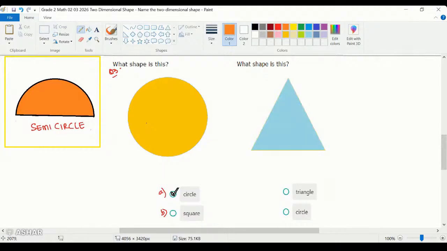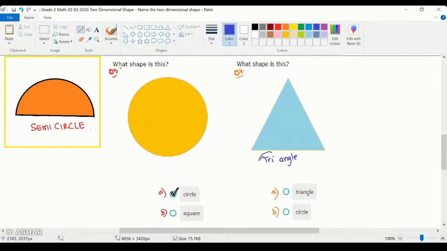Question number 4. Option A, option B. Okay. We need to remember one more thing. The name of this shape was triangle, right?